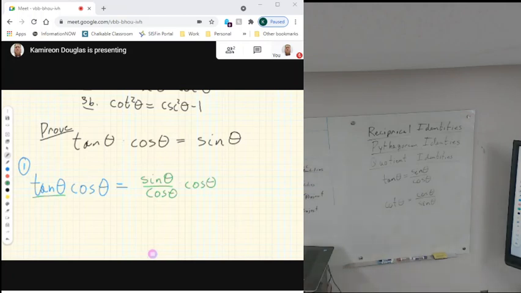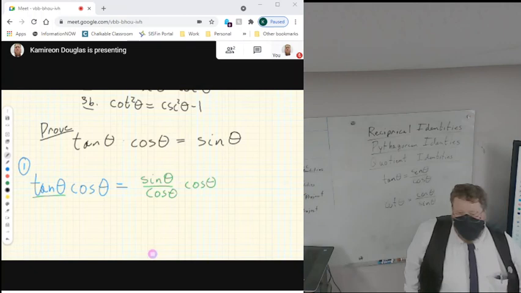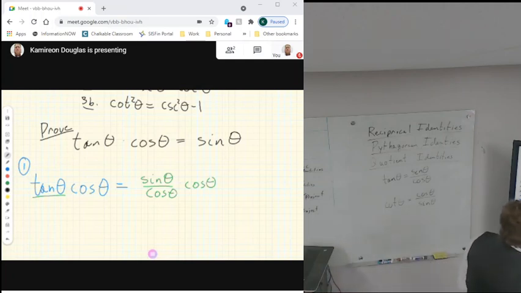Now it's kind of obvious what happens next. The cosine cancels out and you just have sine. There's a property of algebra which states that if something is on the top of an expression and the bottom, you may cancel them. Cosine is on top. Cosine is on bottom. So they cancel.